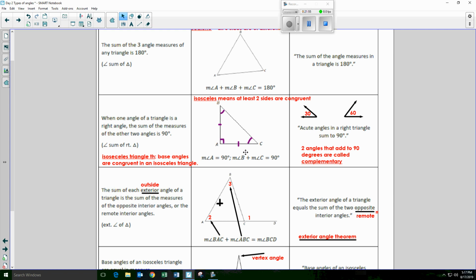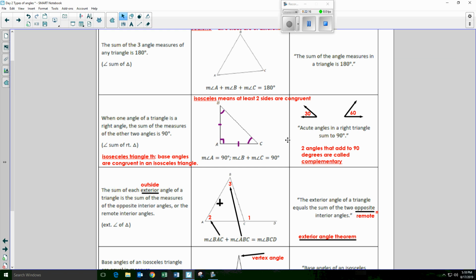Since these two we know add to 90, they're called complementary. Well, since they're equal, we can say that's x and that's x, and we get x plus x equals 90, so we get 2x equals 90. So then both of these have to be 45 degrees. Okay, so anytime you have an isosceles right triangle, the two base angles here are 45 degrees.